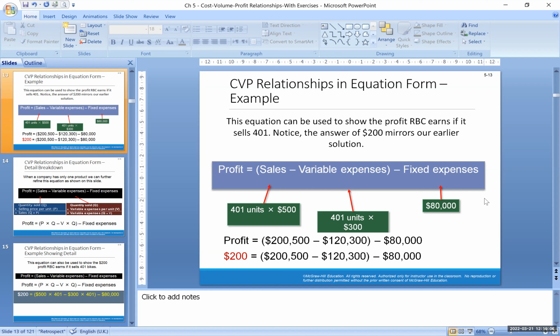So from our example, we do have 401 units multiplied by the price, which is $500. For the total variable cost, we do have 401 times 300, and the fixed cost is constant at $80,000.